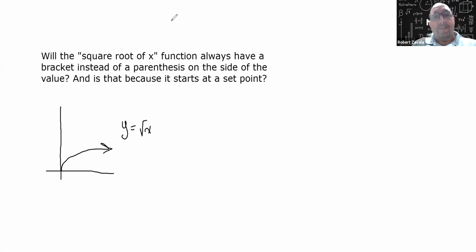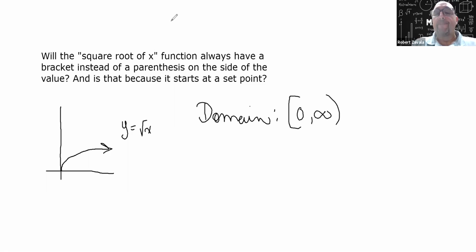And if you don't remember, the domain, in this case, possible x values are from 0 to infinity. And I think the question is asking, do I always have a bracket right here?